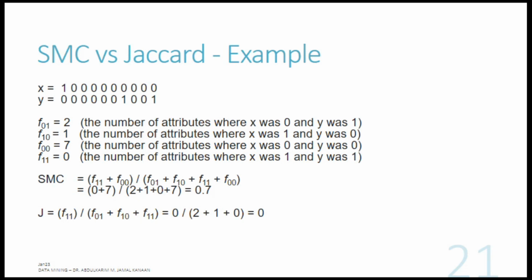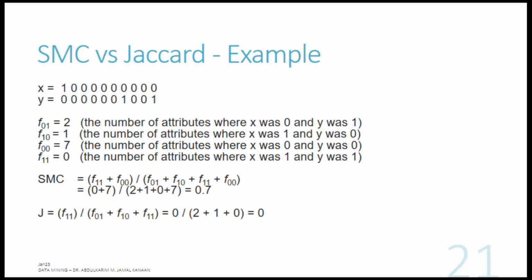How many 1, 1 matches do we have between these two objects? None. So according to Jaccard similarity, the value is 0. There is no similarity whatsoever. Okay, clear?